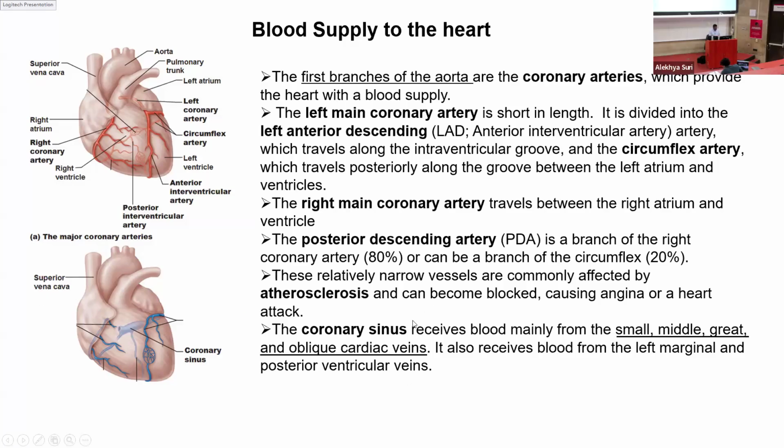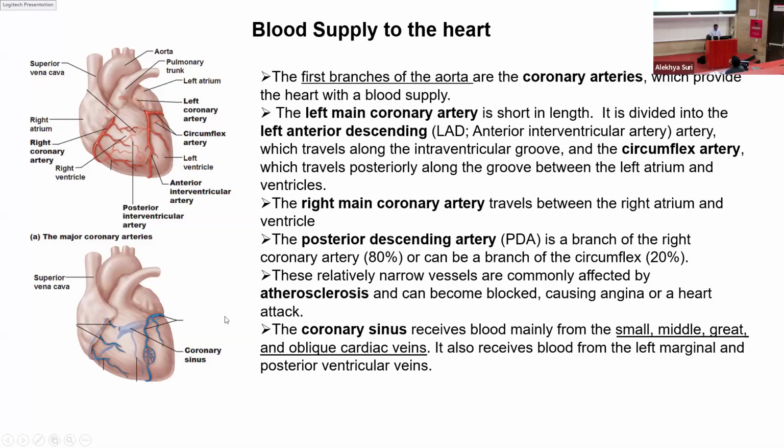And we're going to study what atherosclerosis is and how it affects the coronary artery in one of the areas of the lecture. So the coronary sinus receives the blood from the myocardium. It's mainly from different cardiac veins called the small, middle, great, and oblique cardiac veins.